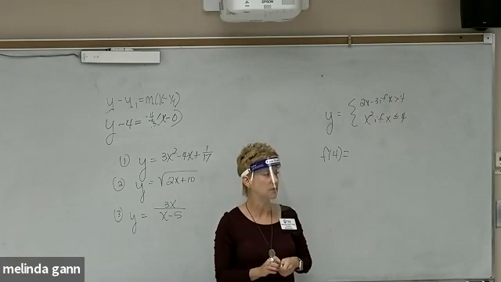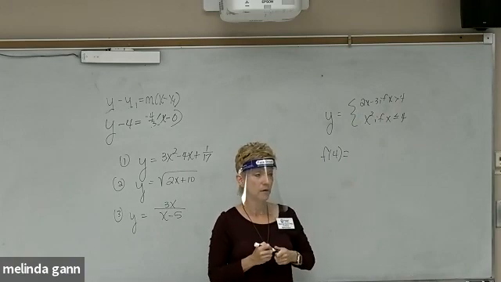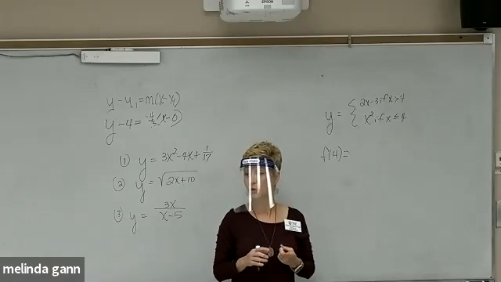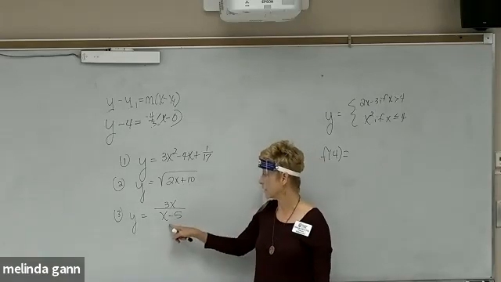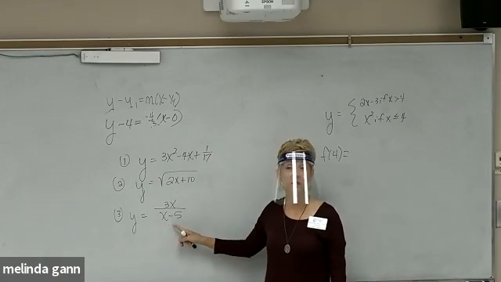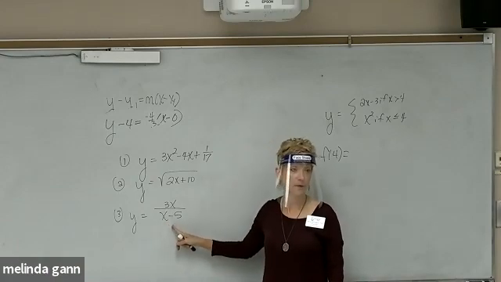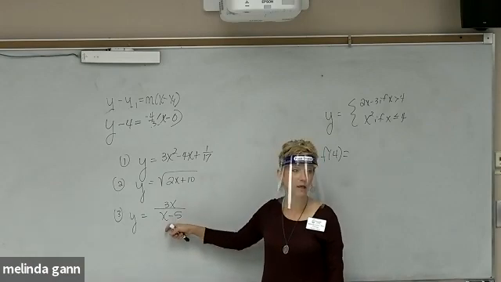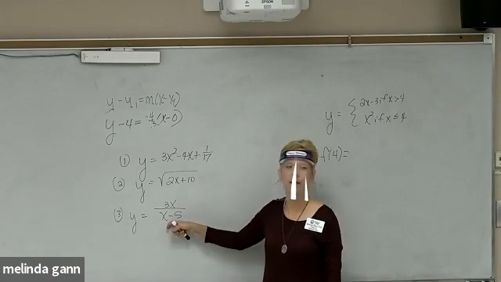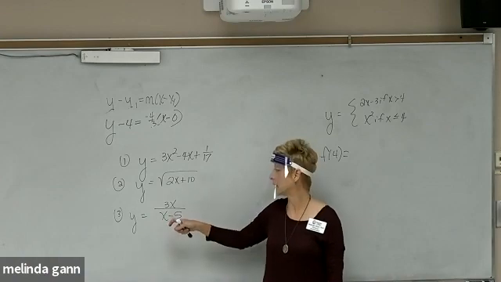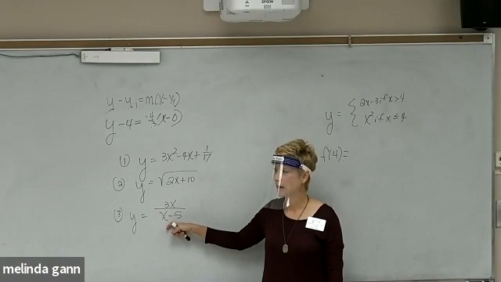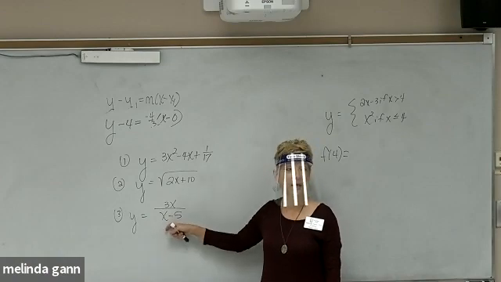What are your 2 trouble spots on domain? How are you going to find the domain on this one? What does domain mean? Your x's. What x's are legitimate for you to plug in? If you plug in a 3, and a negative 1 over 17, what can I not plug in?